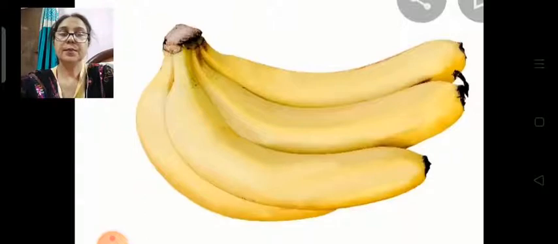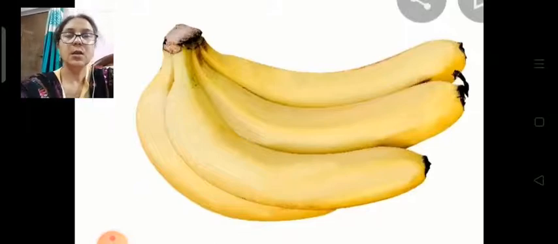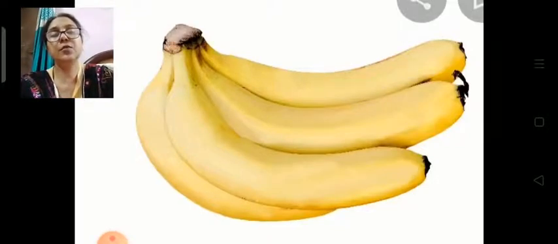So here I told you many benefits of banana, and because we are talking about useful plants, you can see this banana plant is really very helpful for health, and it gives you lots of nutrition. It is full of nutrition, and you can say it is a complete fruit.